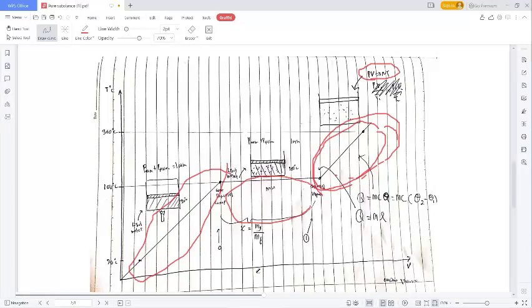If you go to the thermodynamics book, there are a lot of tables, A4, A5, A6, A7, A8, illustrated by this experiment.